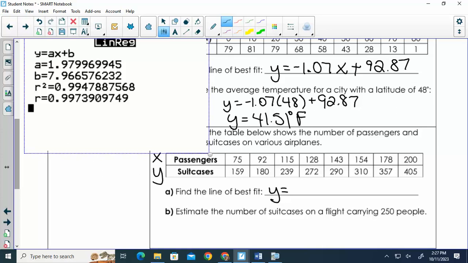Alright, so y equals, what would I write for my slope here? 1.98x plus, what's my y-intercept? 1.97.